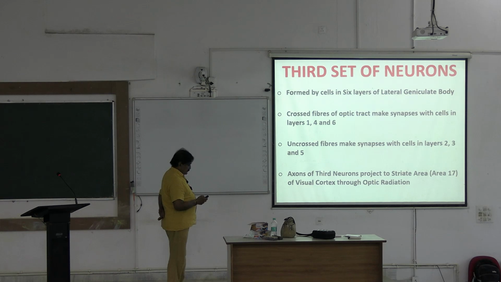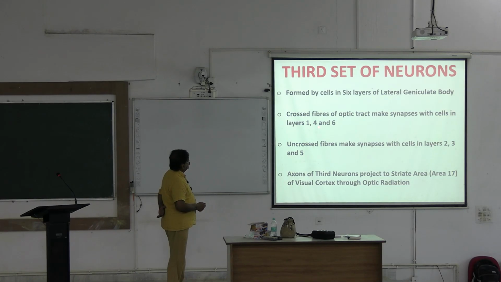Third set of neurons, formed by cells in 6 layers of lateral geniculate body. Crossed fibers of optic tract make synapses with cells in layers 1, 4 and 6. Uncrossed fibers make synapses with cells in layers 2, 3 and 5.